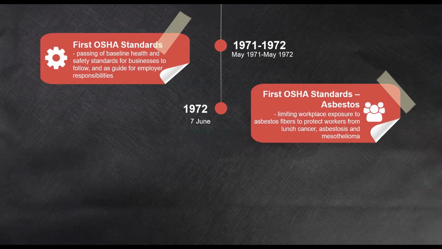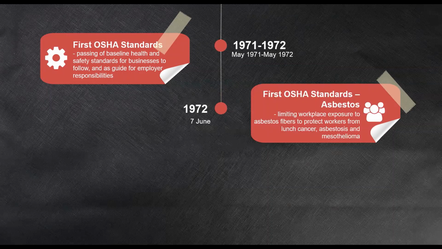Individuals who were exposed to asbestos fiber developed the so-called asbestosis. This is a chronic lung disease manifested by lung scarring and difficulty in breathing. To prevent workers from developing asbestosis, the standard on asbestos was released by OSHA in 1972.